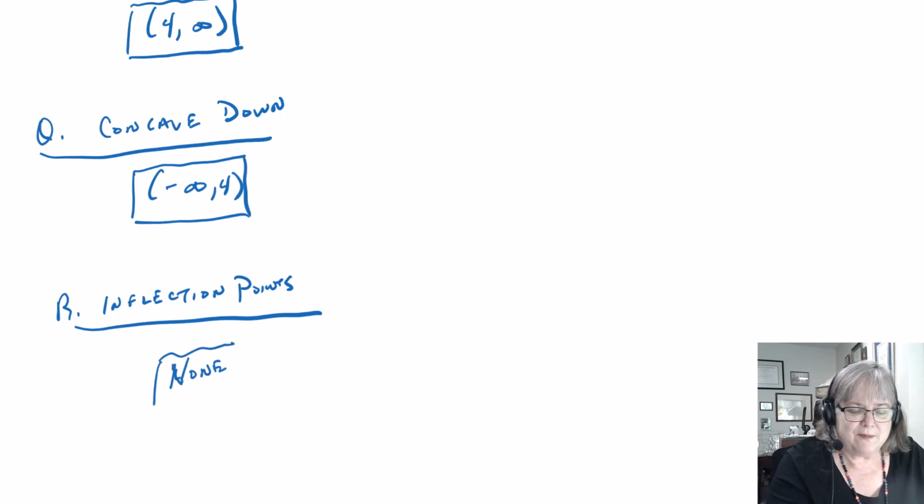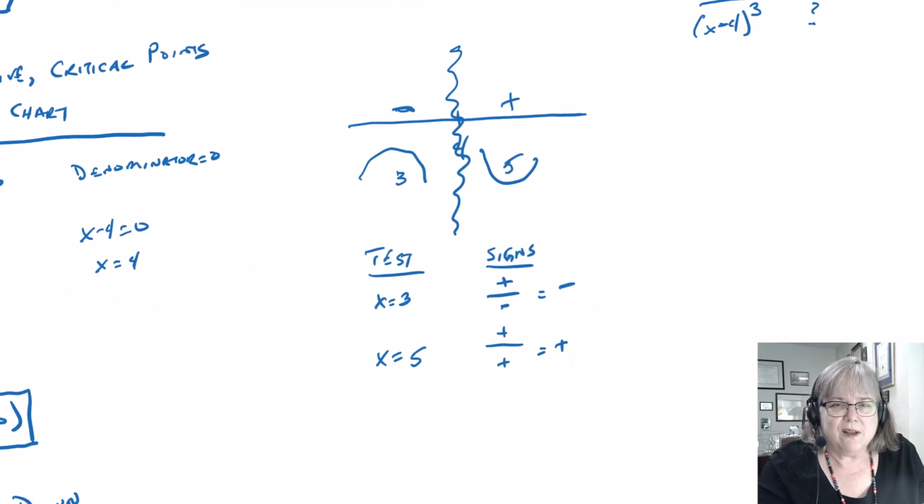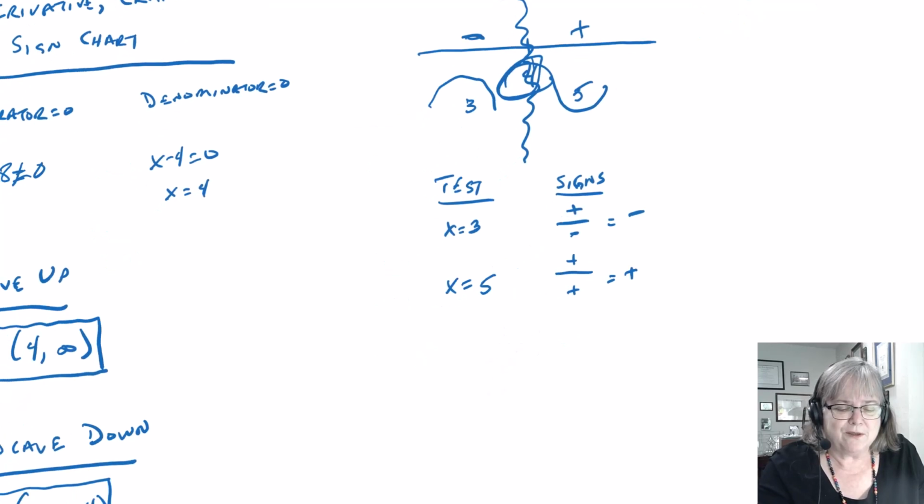It's really easy sometimes, when there are so many details, to lose track of what you're doing. That's a very real concern, because if you look at this sign chart, it just begs you to say there's an inflection point right here at 4. I mean, really, isn't it almost beyond tempting? So you just have to keep telling yourself, wait a minute.